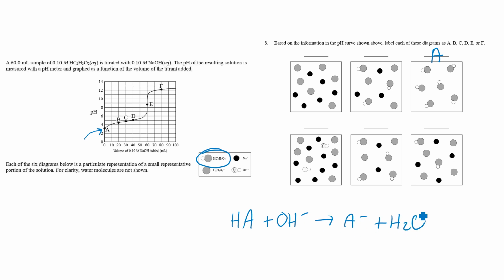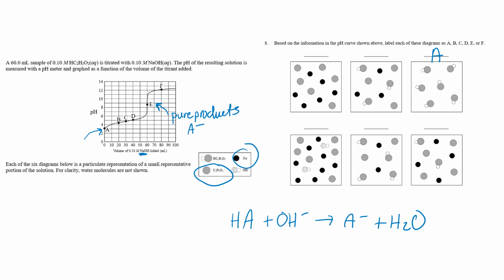Okay, sometimes I find it easiest to do the equivalence point next. So at the equivalence point, you're going to have pure products of this reaction. So I'm just going to expect to see some A- ions floating around. There's also going to be some sodium ions floating around as well.